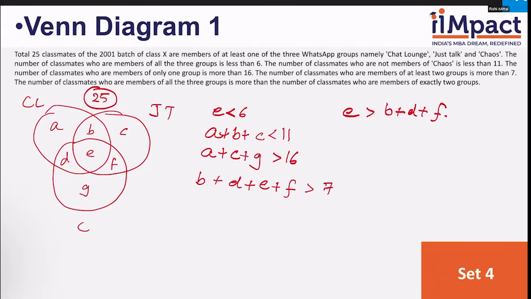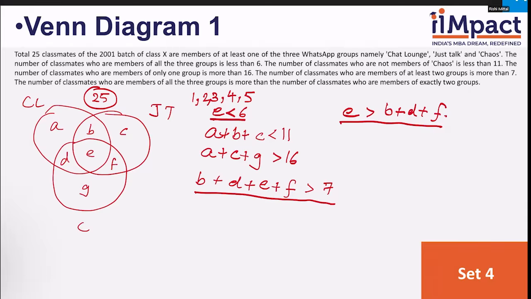Since I know E is less than 6, E can have values like 3, 4, 5. It can also be 1, 2 for all I care. Now, since I know that E is greater than B plus D plus F and B plus D plus E plus F is greater than 7, E has to be at least 4, right? E has to be 4 minimum.